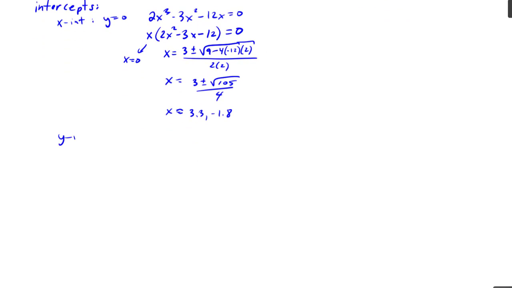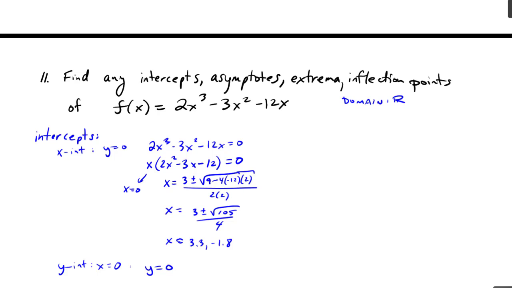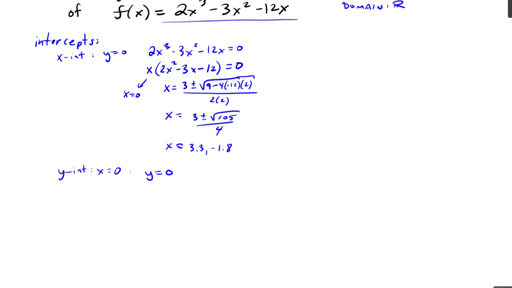Okay, the y-intercept is going to be x equal to 0, but in that case I would just get y equal to 0 because if I plug 0 into there.